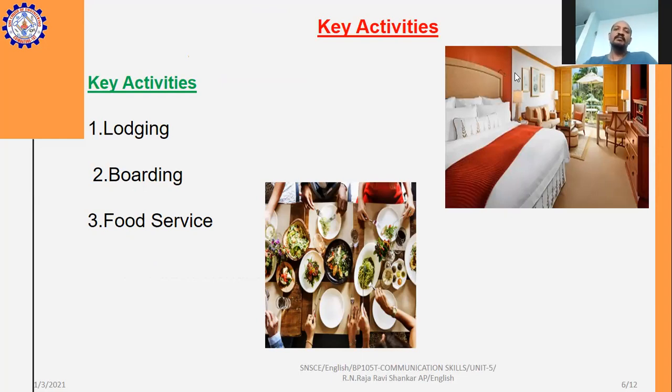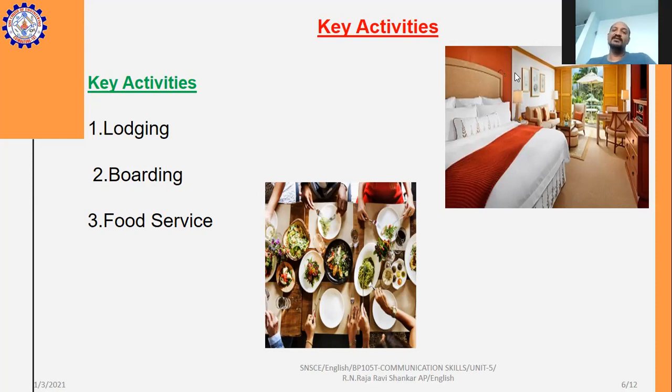For example, many hotels organize tourism also. Mostly they get a hired hand from some other tourist agencies, travel agencies, and they make a kind of combo offer. If you visit our hotel, we take it out. Because when you visit a country like India, when we have this many languages, we have different curfews in different states.